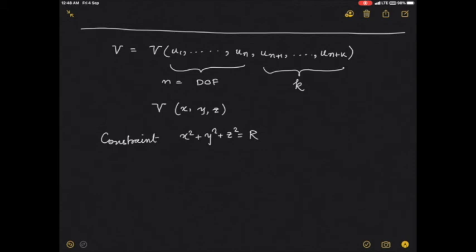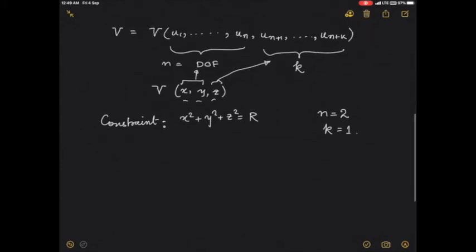That means that because I have this one constraint, n equals actually 2, and I have one constraint, k equals 1. So these u's are basically x, y, and z, all u's combined, and you can choose any two of them as the n degrees of freedom, and I have one extra from the constraints. So that is the case that we are talking about.